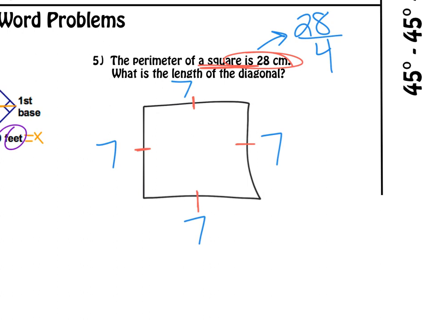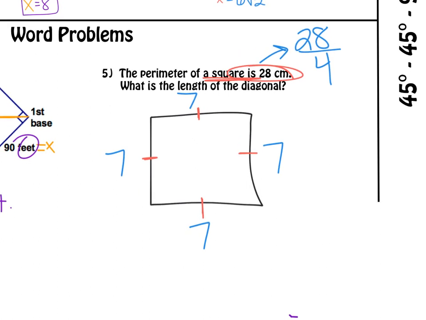Okay, and I know that it's a square, it tells me in the problem, so all of these are right angles, and it wants to know the diagonal. So very similar to the last problem. And notice there was no picture here, so I had to draw one. Ladies and gentlemen, if there's no picture, draw it, okay?